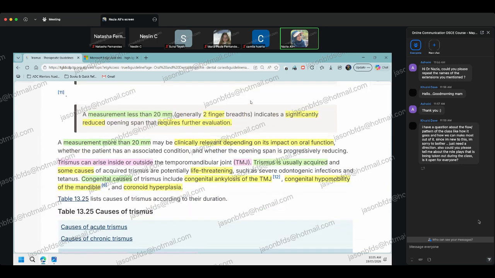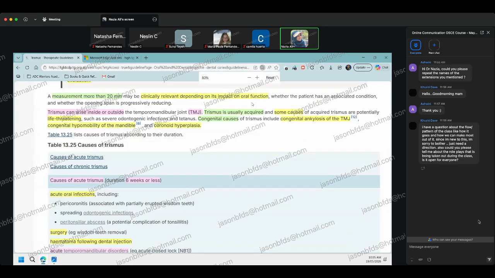All right, so Kushi has a question about the flow pattern of the class, how it goes, how we can make it more. Since I'm new to this, I'm sorry. Okay. Well, Kushi, that's a good question. So in terms of flow, we're just about to start. Ideally, you should have received a schedule, and based on that schedule, it would have mentioned which cases we're covering, because like this week we were doing module 3, and I'm sure in your email it would have been mentioned, for example, Monday, which cases we're covering, and Tuesday, which cases we're covering.